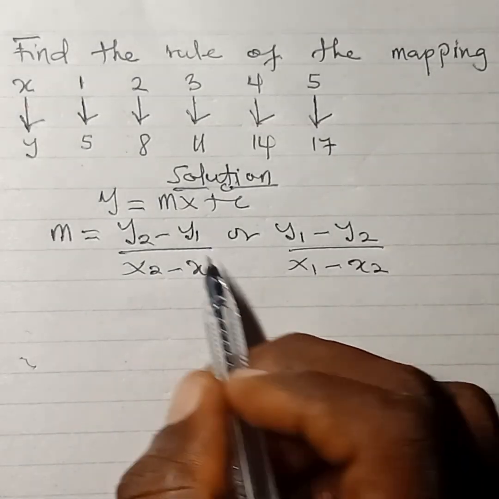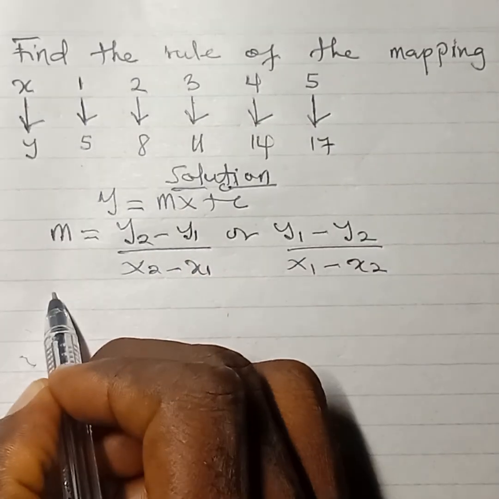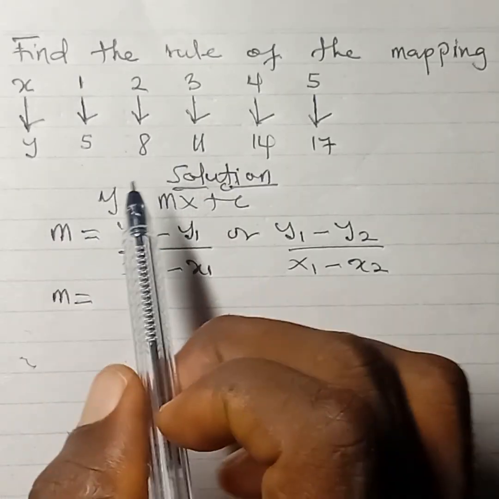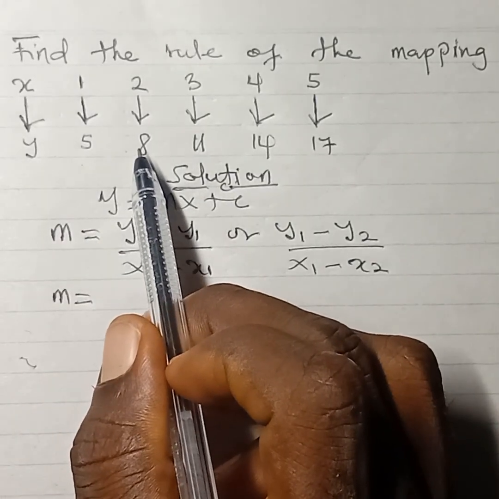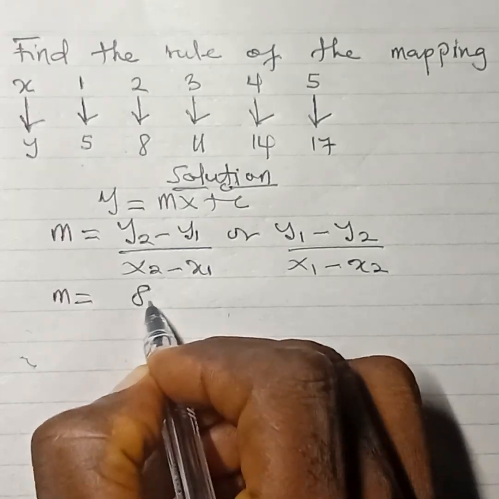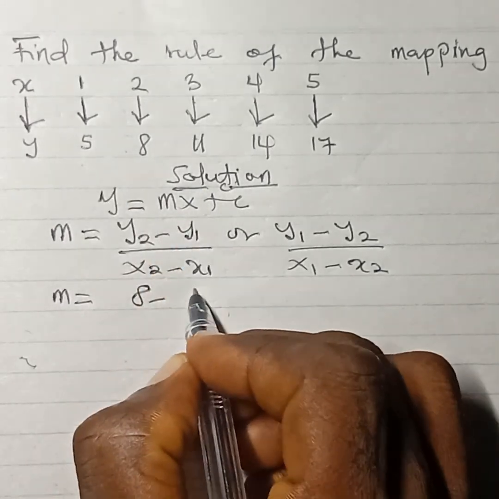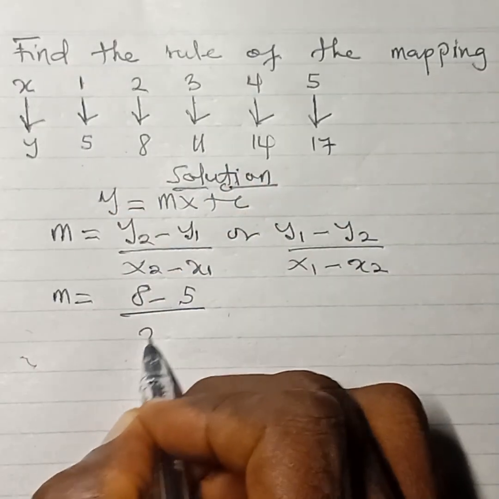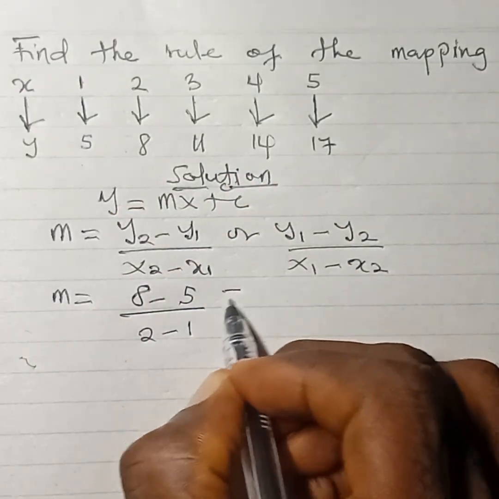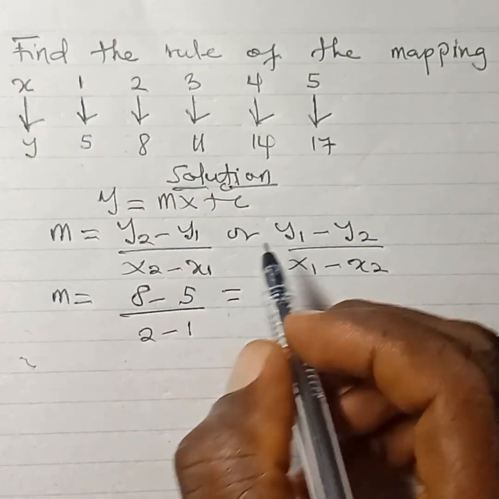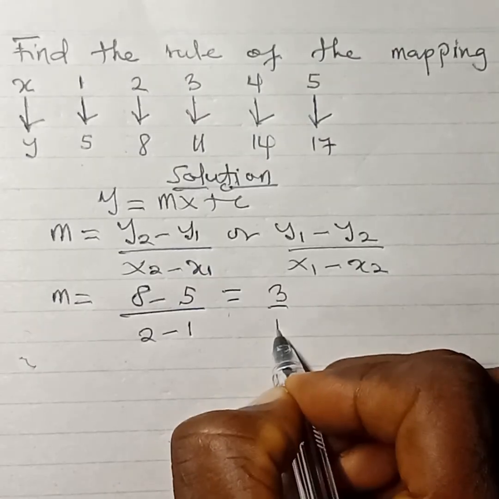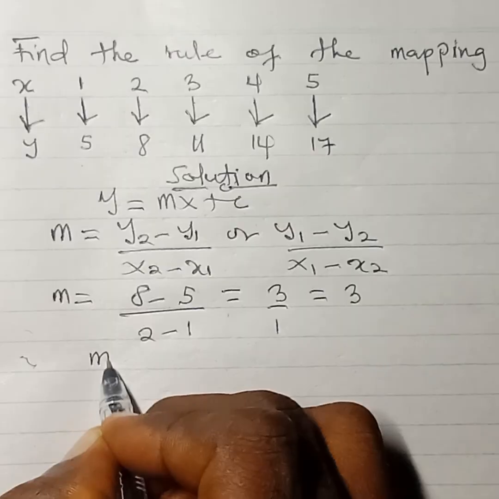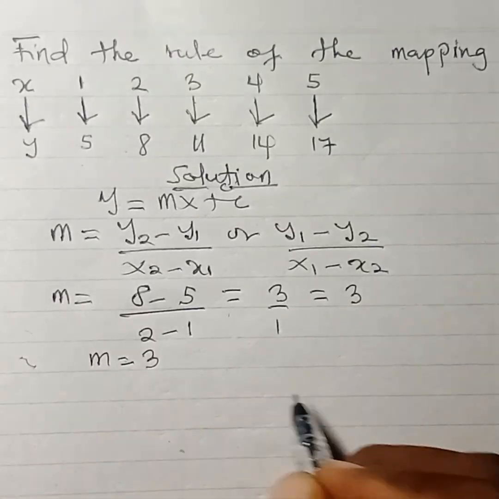Either this or this. m is equal to y2, the second number for y, which is 8, minus y1, which is 5, over x2, which is 2, minus 1. So we have 8 minus 5 is 3, over 1, which is equal to 3. So our m is equal to 3.